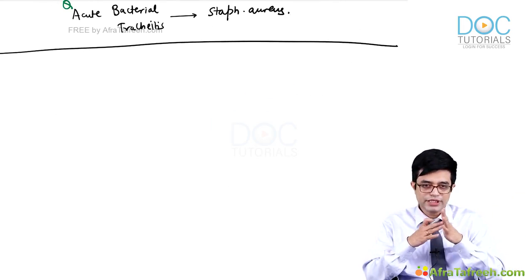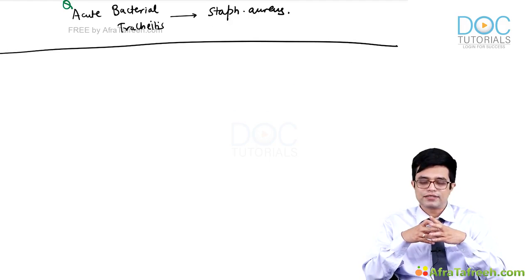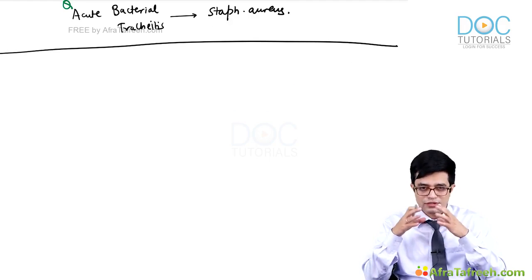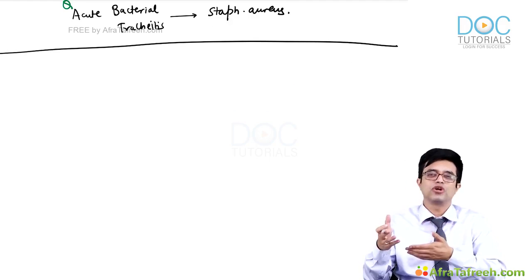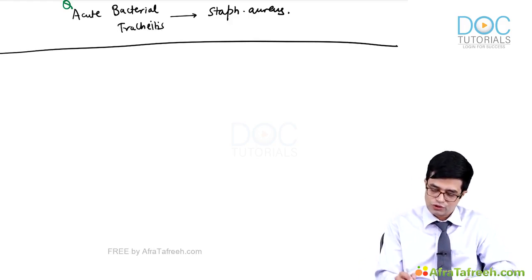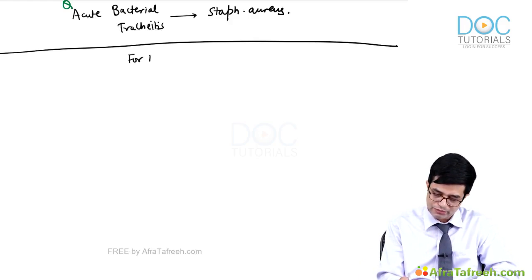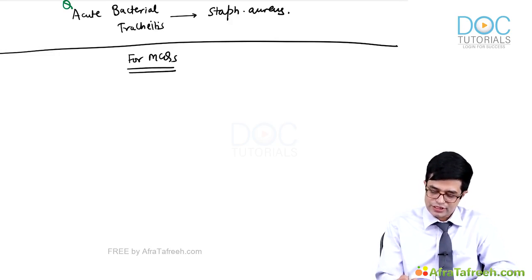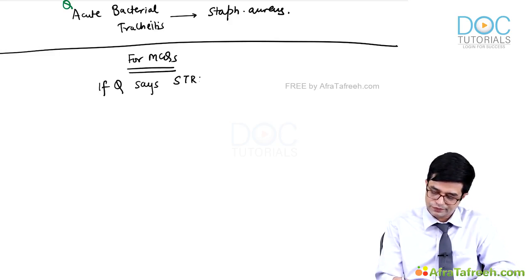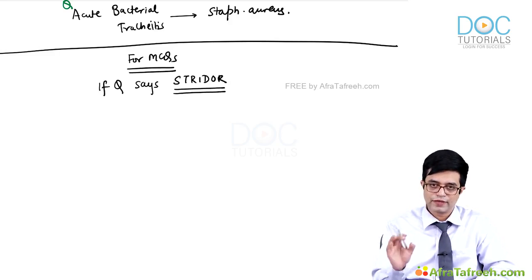And if you see carefully, you will find that stridor is a common thing in any partial obstruction of the upper airway. So for MCQs, remember, I am just giving you some hint words here. This is something you will not find in guidebooks.